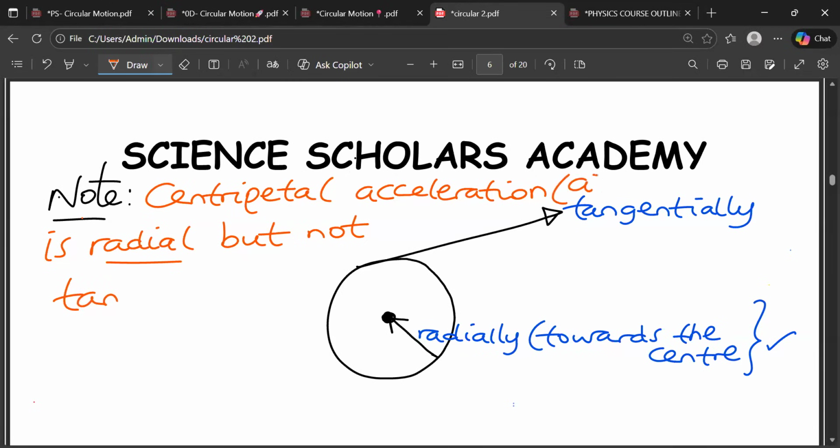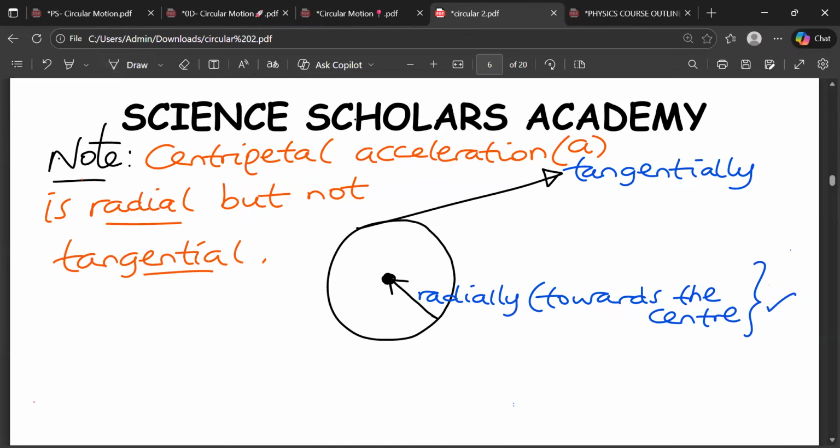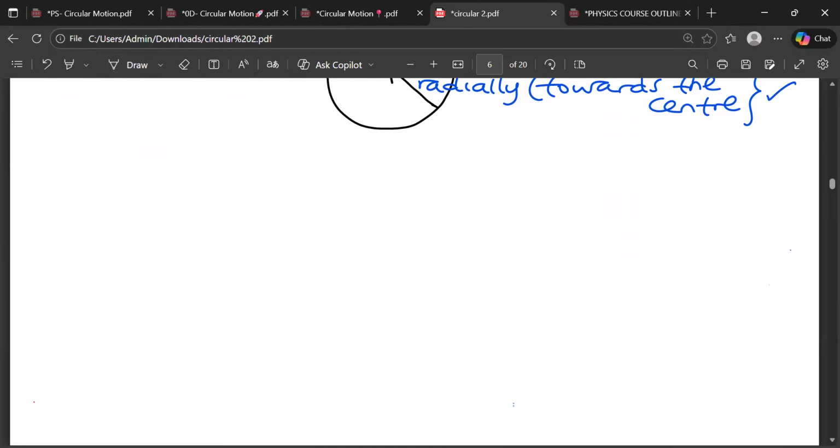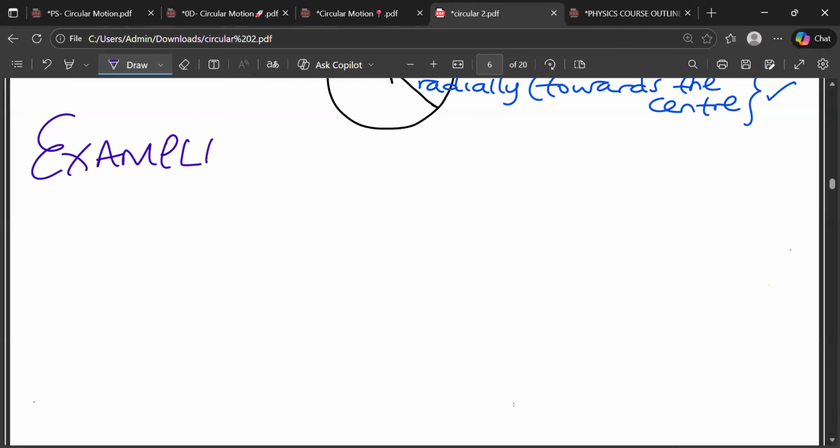Centripetal acceleration A is radial but non-tangential. I've forgotten the textbook, but I think it's Tom Duncan. So when you find that statement, I don't want it to over-confuse you. Even when you find it in a calculation, please reason it out very well. You all know centripetal acceleration acts toward the center, so it's radial, but non-tangential. Hope that is obvious.